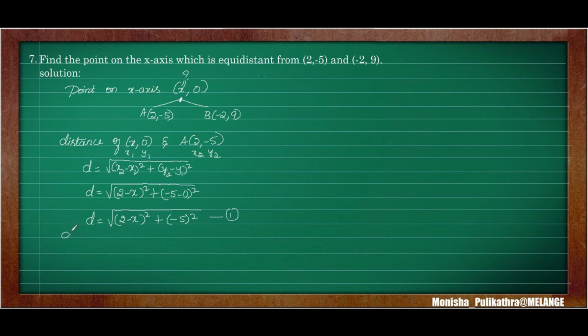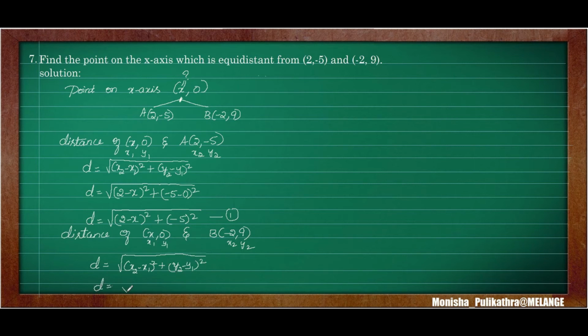So next we need to find out the distance of x comma 0 and point B. Point B is minus 2 comma 9. So here this will be x1 y1 and this is x2 y2. Okay, so D is equal to square root of x2 minus x1 whole square plus y2 minus y1 whole square.